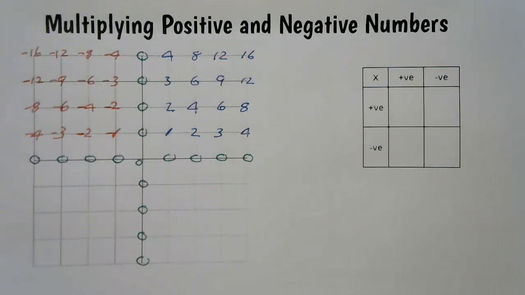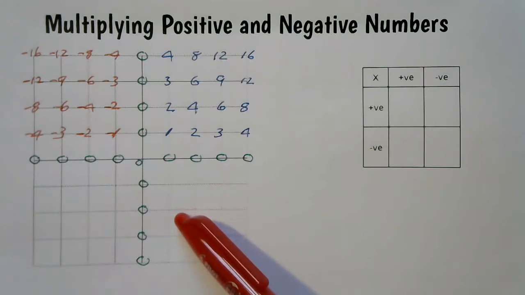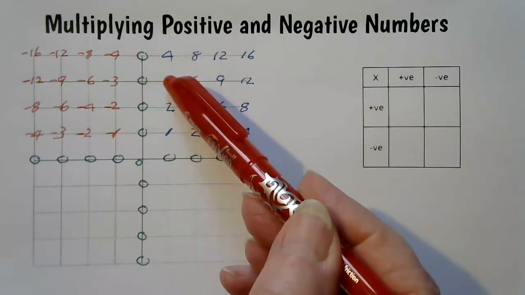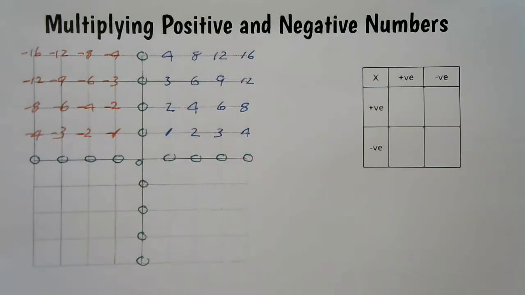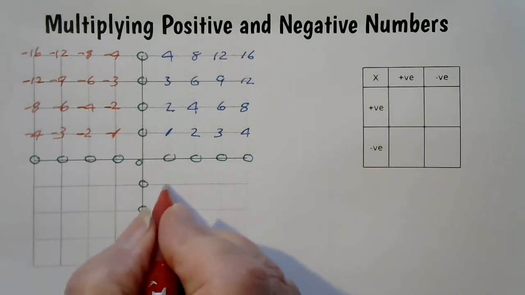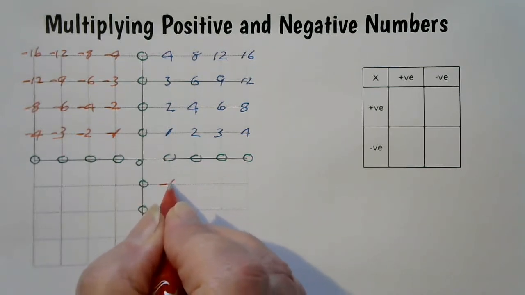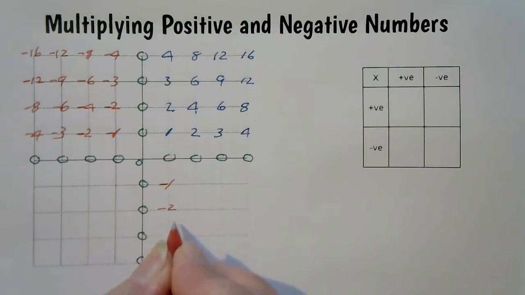Okay, and now I can do the same in this quadrant. So 4, 3, 2, 1, 0. Here I must have negative 1, negative 2, negative 3, negative 4.